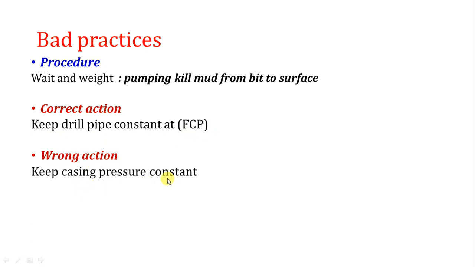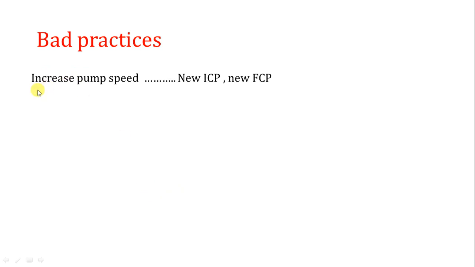What about casing? Casing is increasing, but by a smaller value than before. So once you keep casing constant, this means you are opening the choke, and at this time you will decrease the bottom hole pressure and you may get a second kick.